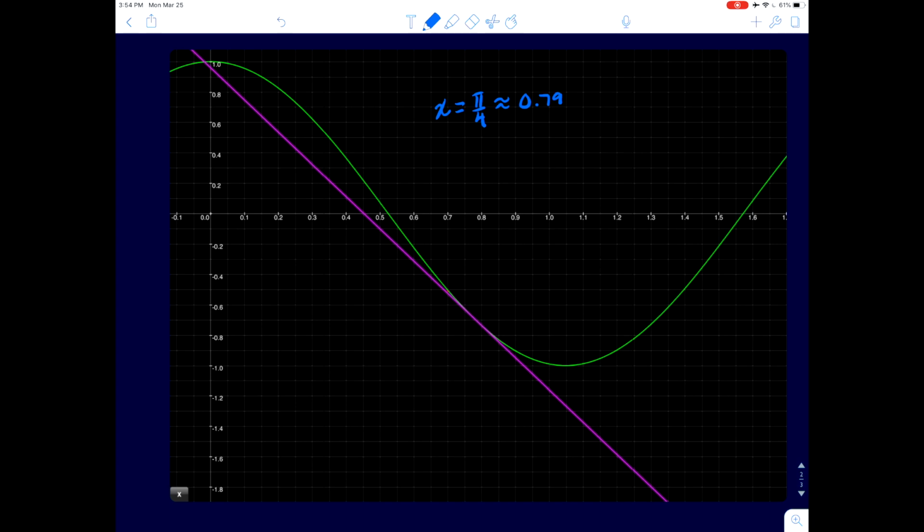And so if you kind of go down and look, you're about here, right?